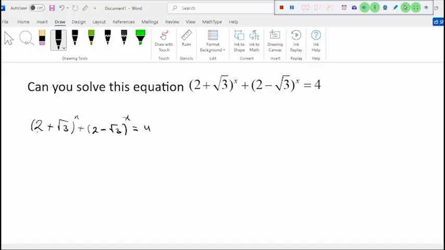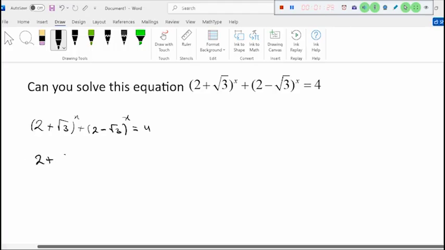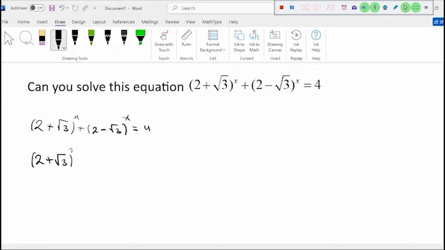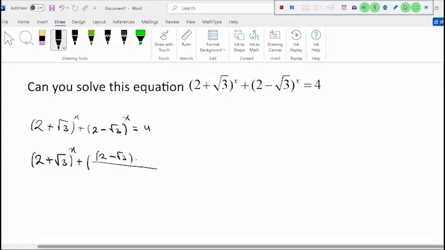For the second part, we can write (2 + √3)^x, the same, plus (2 − √3) multiplied by its conjugate (2 + √3) over (2 + √3)^x.